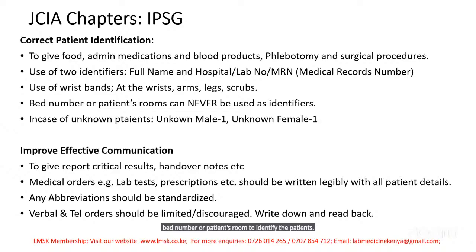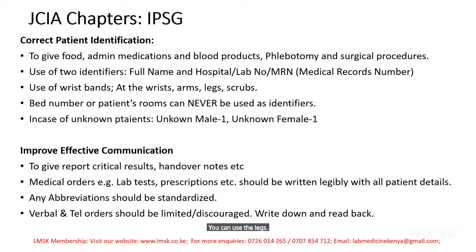It is also important that for patients in the ward, we use wristbands. If the patient has limbs, you can use a wristband, on the left or on the right, depending on the policy of the hospital. If the patient doesn't have arms, you can use the legs.